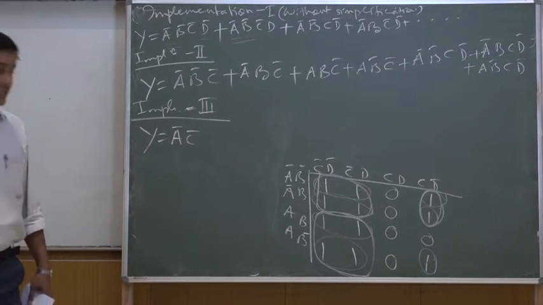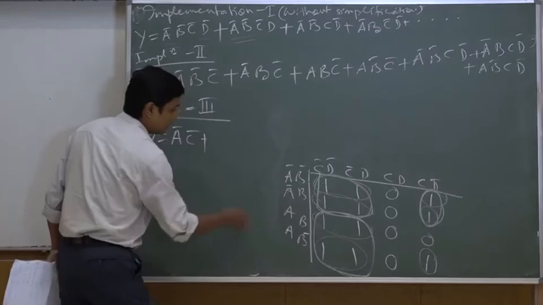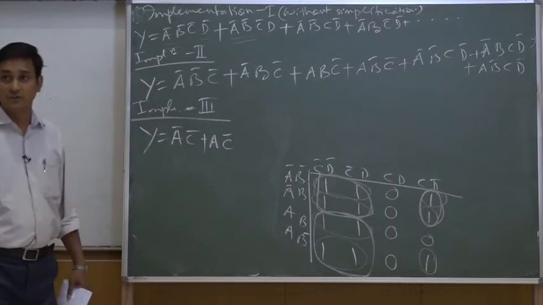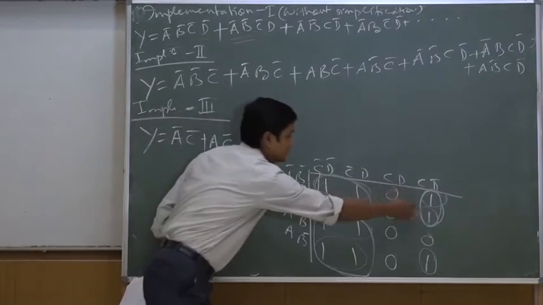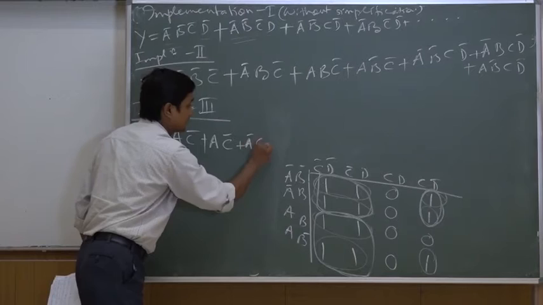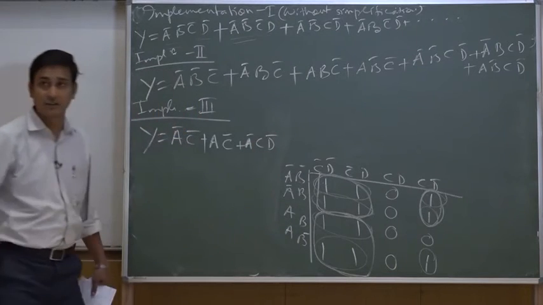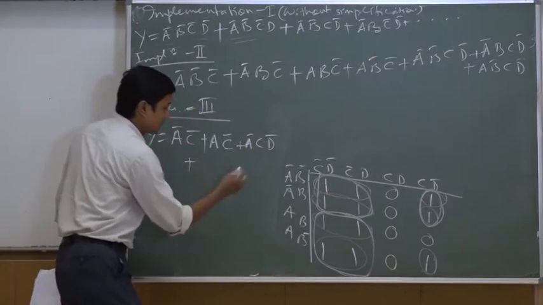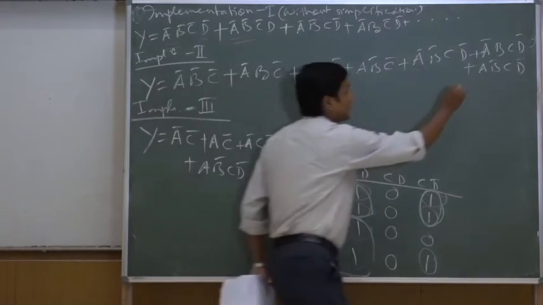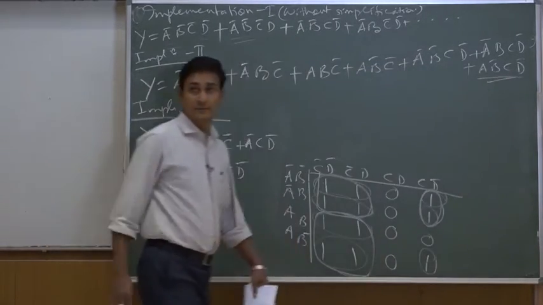Similarly, for this one, A C bar, 2 terms are found. Now, for this, A bar C D bar. The final one will be as it was, because nothing is done with it.